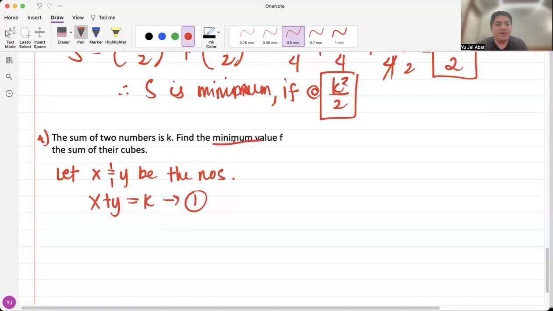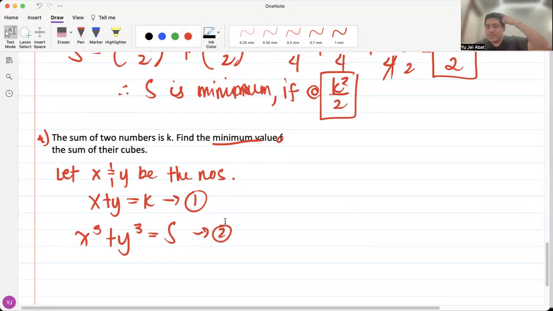Find the minimum value of the sum of their cubes. So the sum of their cubes would be x cubed plus y cubed. Let's say s will be the sum of their cubes. So I already have the second equation here. It's pretty much the same as what we did a while ago. I need to express this in such a way that y becomes x so that I can differentiate.